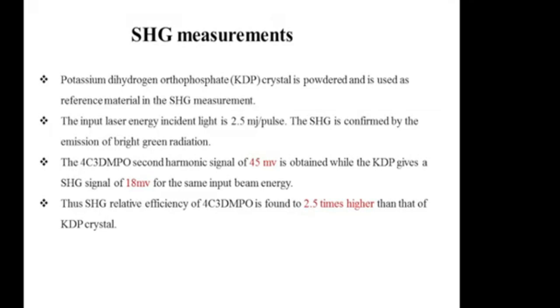For 4C3DMPO, a second harmonic signal of 45 mV is observed, while KDP gives an SHG signal of 18 mV for the same input beam energy. Thus, the SHG relative efficiency of 4C3DMPO is found to be 2.5 times higher than that of KDP crystals. So our compound has NLO properties.